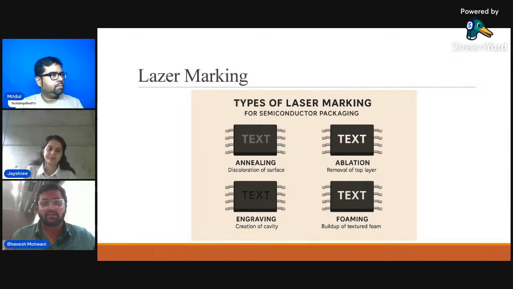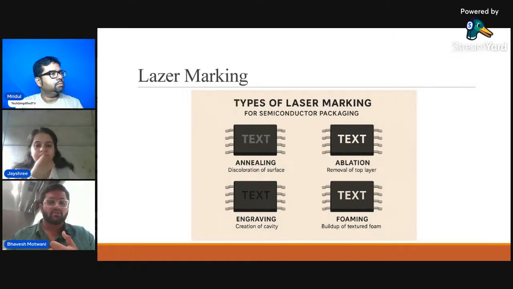And laser ablation, as we have seen in stealth dicing, is almost the same. It will remove the top layer of the package, because it's plastic, so it would be easy to focus the laser, and then we'll remove that part.